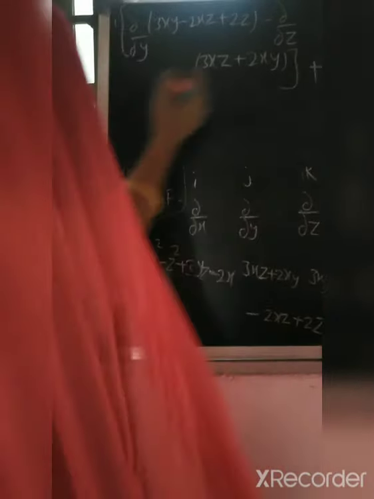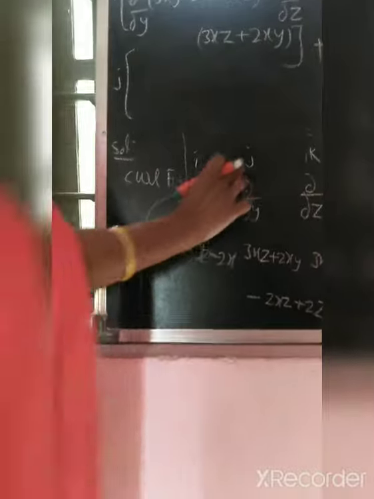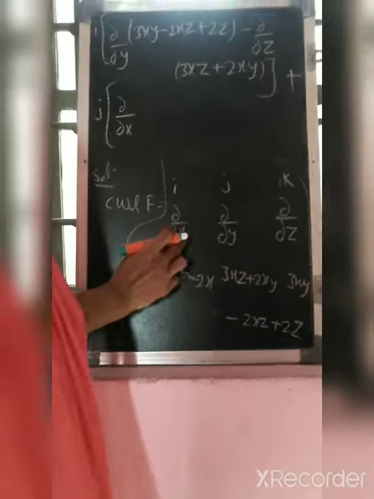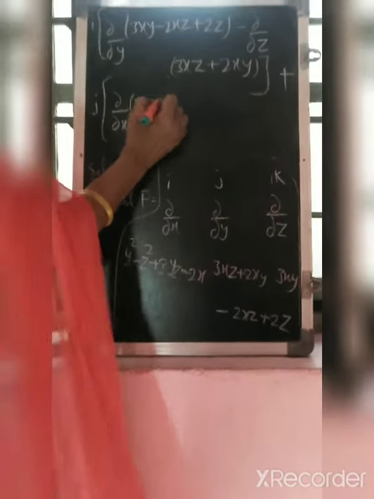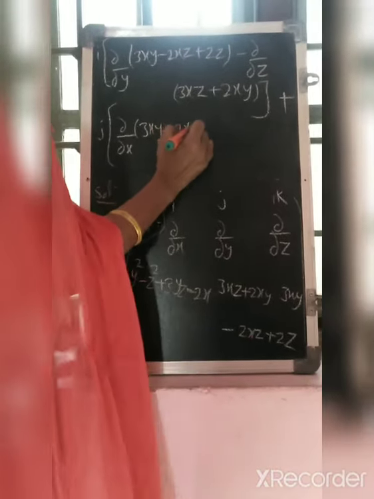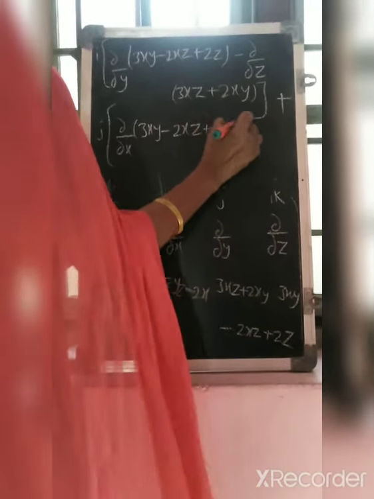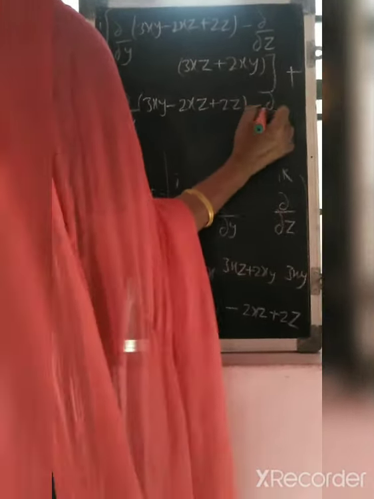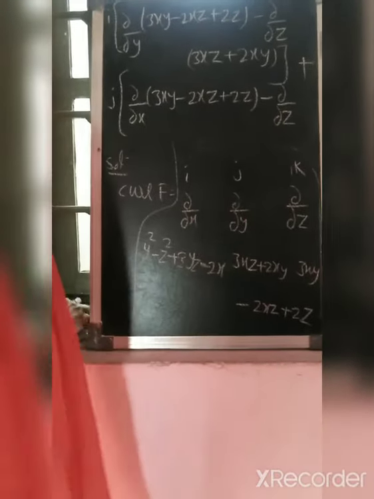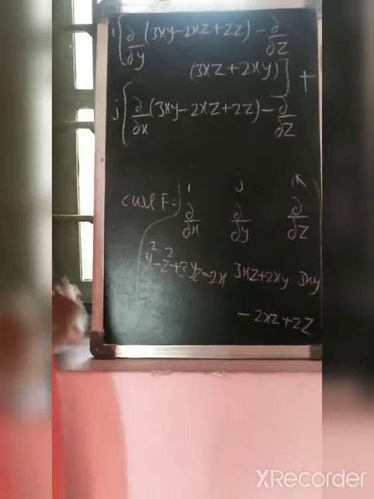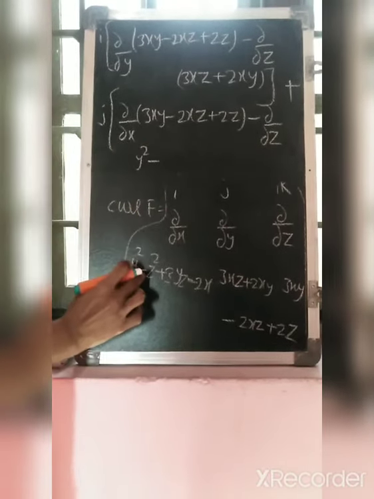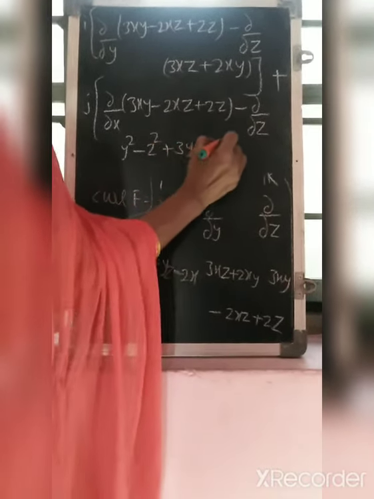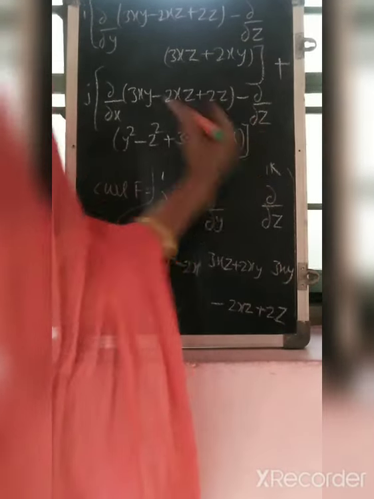Next plus j into dou by dou x of (3xy minus 2xz plus 2z) minus dou by dou z of (y square minus z square plus 3yz minus 2x). This is another term.